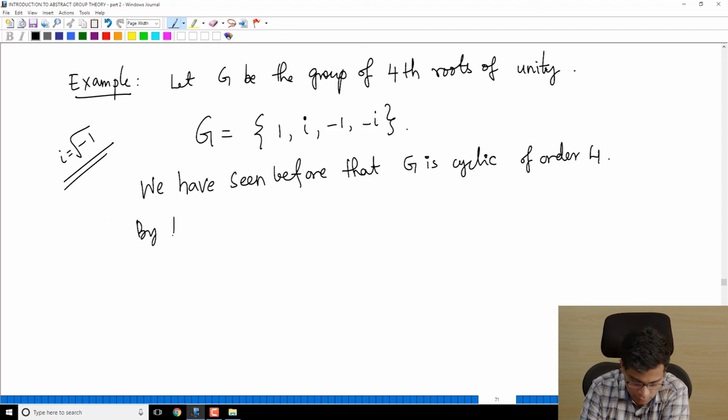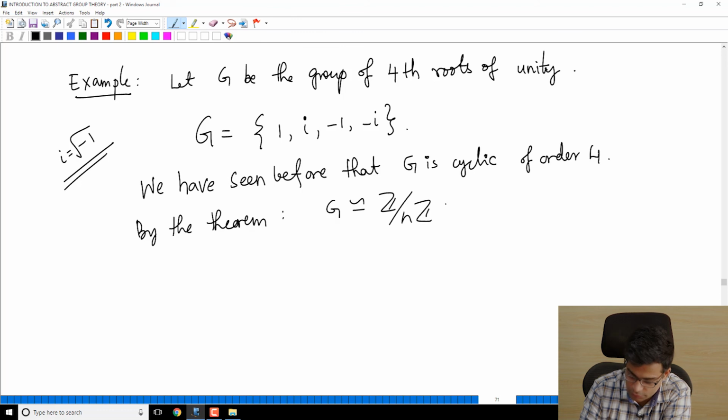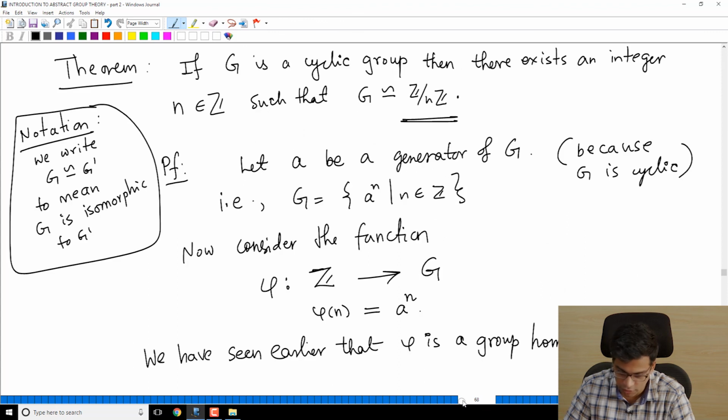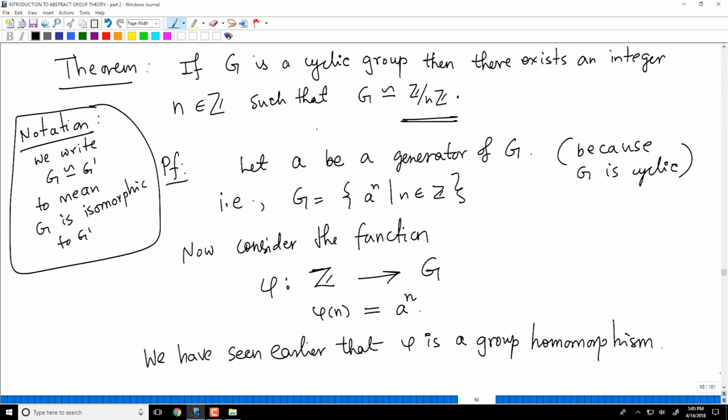So G is cyclic of order 4, and by the theorem, G is isomorphic to Z mod 4Z. I should have been more precise in my statement of the theorem. I wrote that if G is a cyclic group, then there exists an integer n such that G is isomorphic to Z mod nZ.